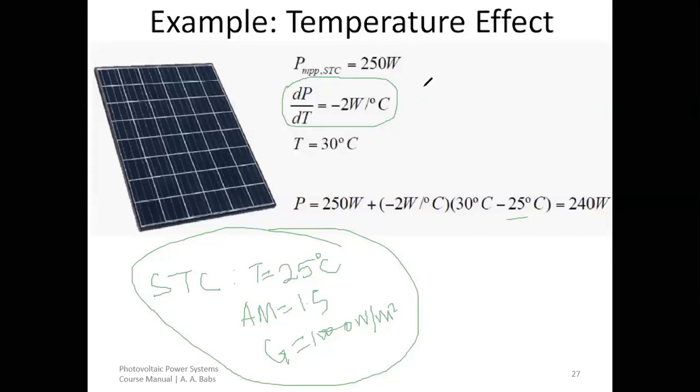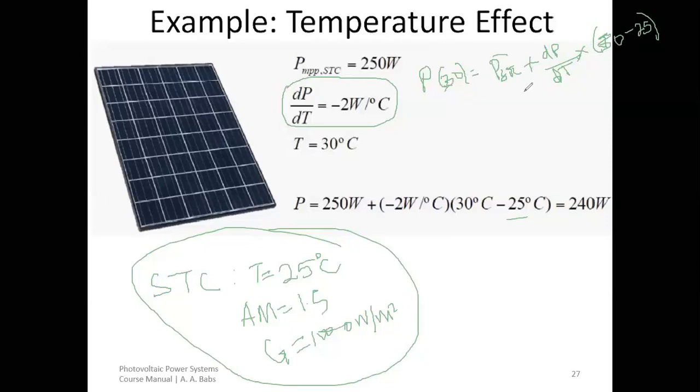With respect to power, that means we are looking for power at 30, that's P of T. If you look at the previous example given to you, you see that power at 30 will be given as power at STC plus the temperature coefficient, this becomes the PDT now, then multiply it by the change in temperature. It becomes very easy for you to find power at 30 degrees Celsius.